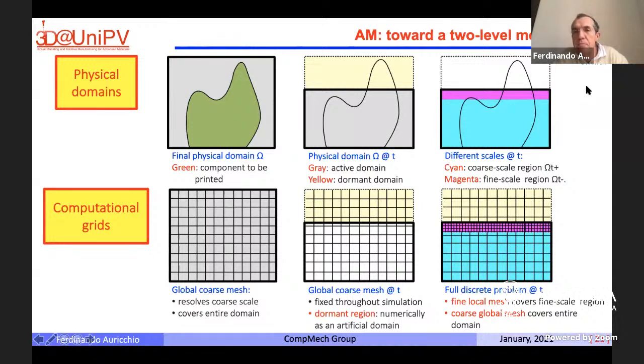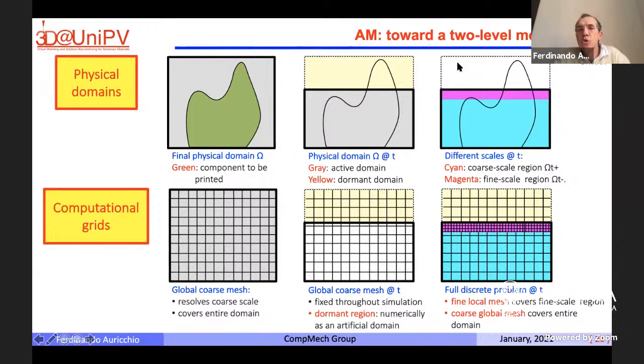Not only that, but at a certain time instant you have a region where the phenomena are highly nonlinear, and a large region where they are not too highly nonlinear. And this region is important to understand what's happening in the small region. So you always deal with a two-scale phenomenon, a two-scale range of effects.